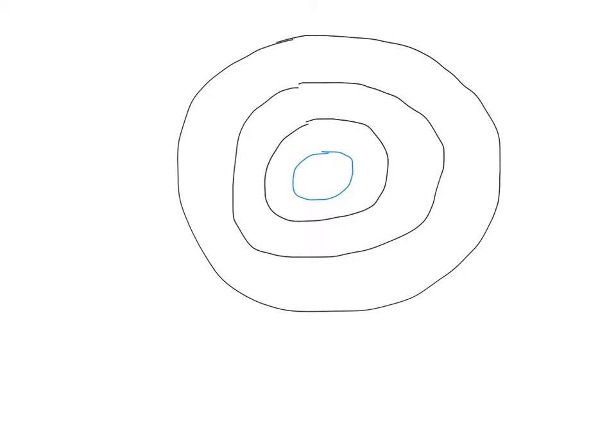So if this element here had 3 rows, energy levels, then this would be a third row element, okay? Now, one of the things that we have in the third row is going to be, let's just look at sodium. It has 11 protons. So there's going to be 11 protons in the center here.